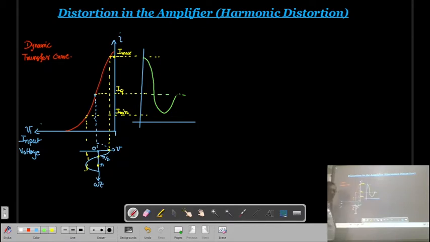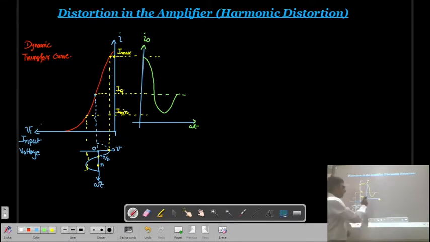Correspondingly, what is the change in the current? Here, this is representing the output current of the amplifier, I0. Remember, and this is my omega t axis. So in this case, you can see the shape of the output signal is not proper compared to the input signal. The amplitude of the positive cycle is large, and the amplitude of the negative cycle is less. So this is a distorted signal. Now, through this characteristic curve, you come to know how the signal is going to be distorted.